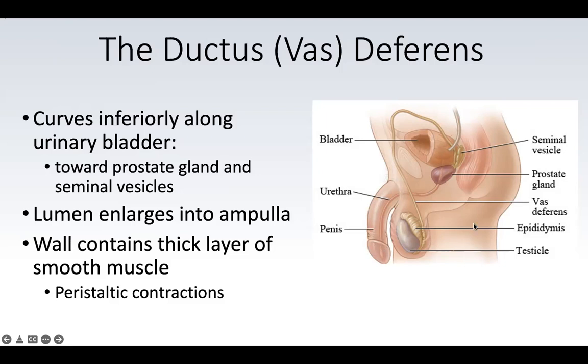As this sperm makes it to the urethra, it passes through the 3 accessory glands we've mentioned already. We'll talk more about them in the next PowerPoint slide set. All of this movement through the ductus deferens is mediated by smooth muscle. And hopefully you're seeing a theme now, because we saw this with the ureter.